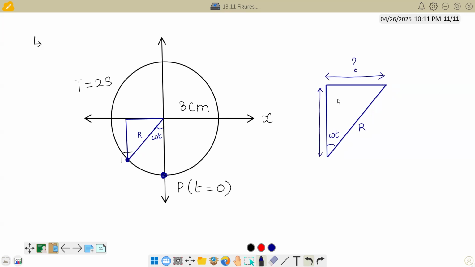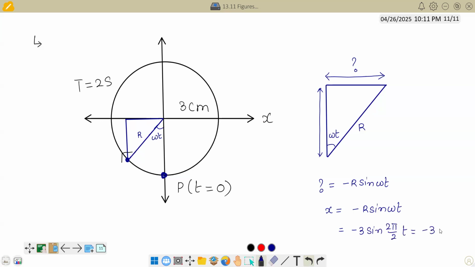So if I try to find the unknown, we know the opposite side would be sine. So this unknown value would be equal to, since it is on the left side, I can write minus r sine omega t. So simply the expression for x would be minus r sine omega t. R value is given as 3 centimeters. So minus 3 sine 2 pi by 2 into t.